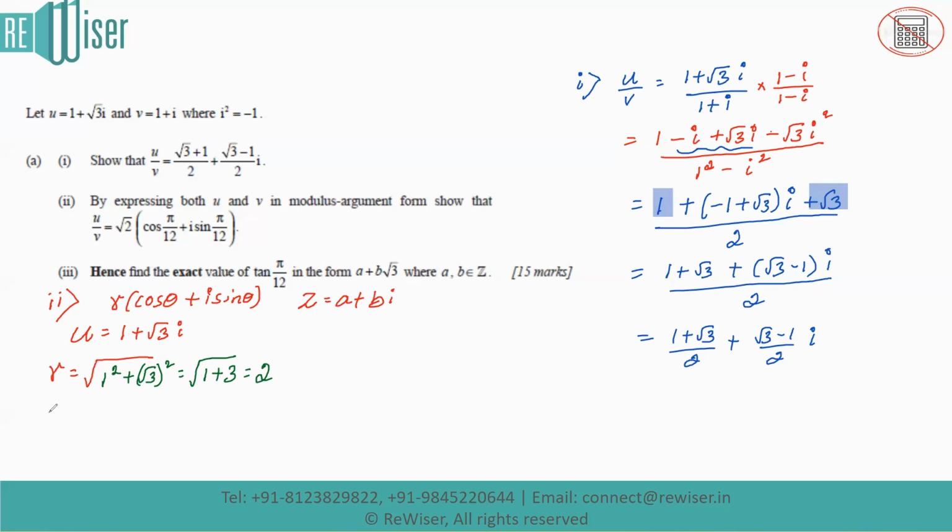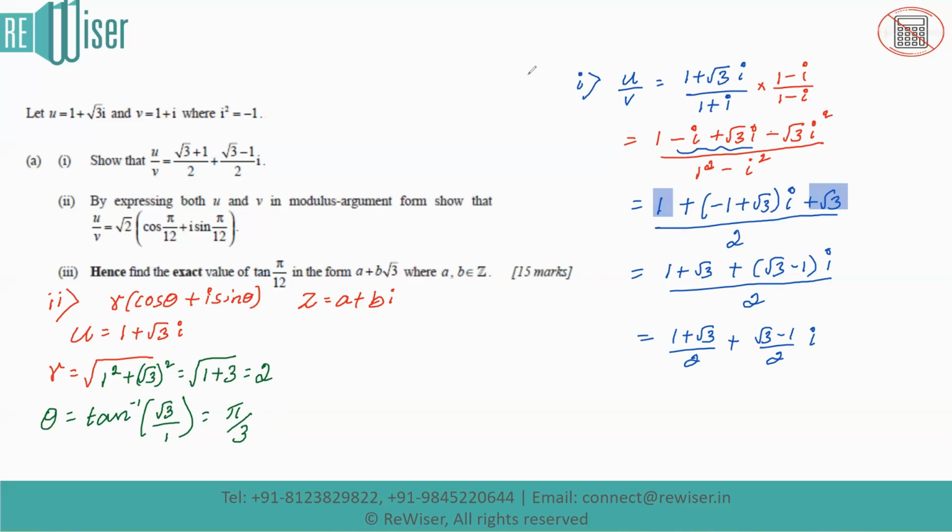If I talk about the argument, which is theta, theta would be equal to tan inverse of b over a. In this case, b is root 3 and in place of a, we have 1. So tan inverse of root 3 is going to be just pi by 3. Now, whenever we solve for theta with the tan inverse, we will always get two possible answers.